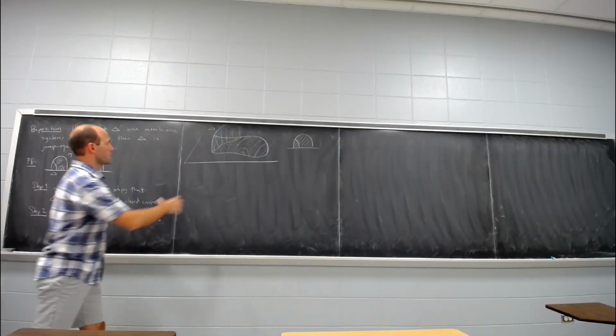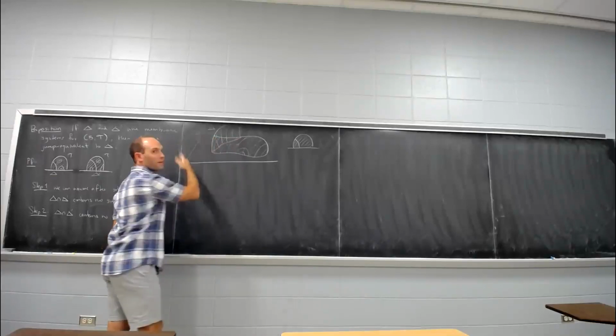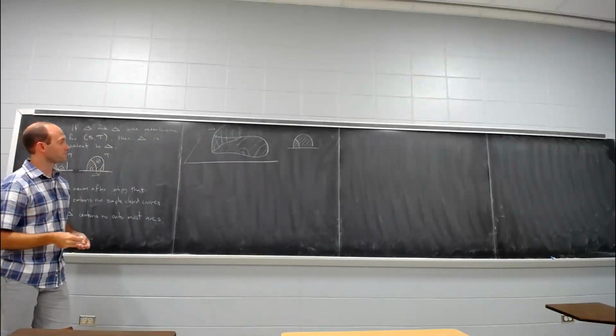And so the idea is that we want to isotope the green disk to the triangle and then off to remove this outermost arc of intersection.